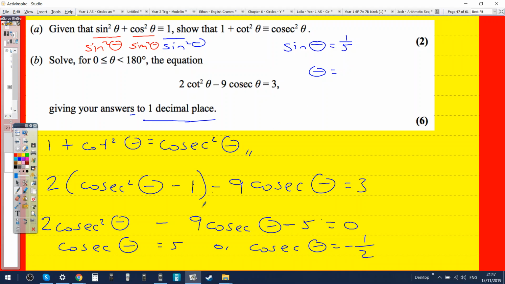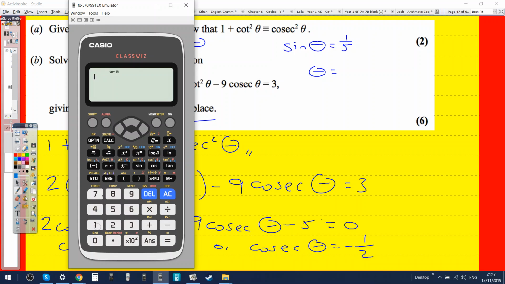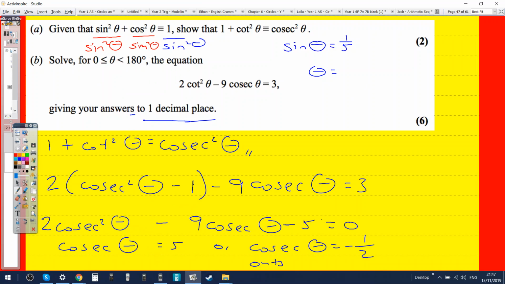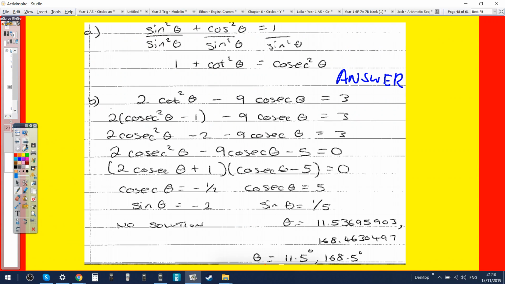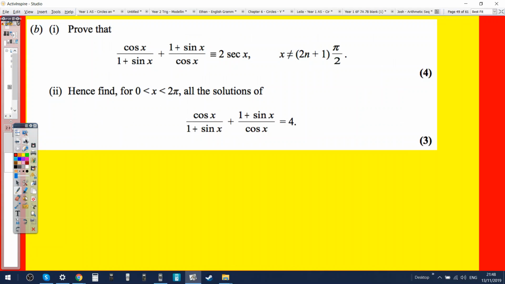Is that 6 marks? Answers. How do you get an additional answer? That's it. Okay. Good.